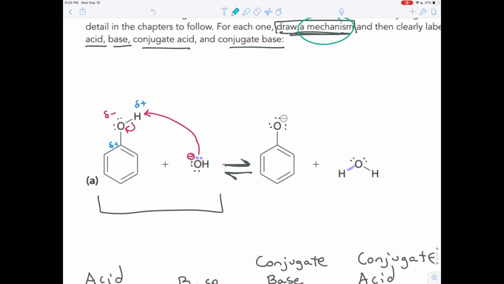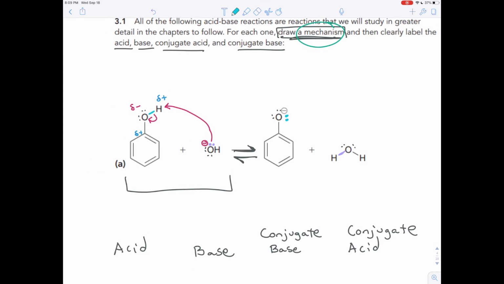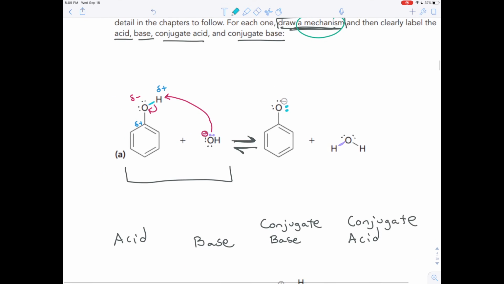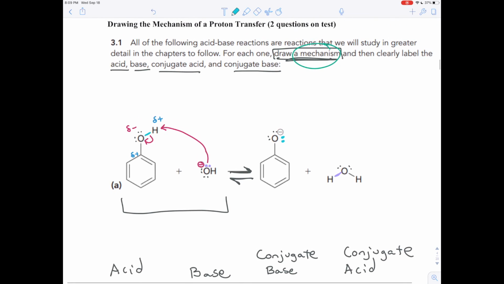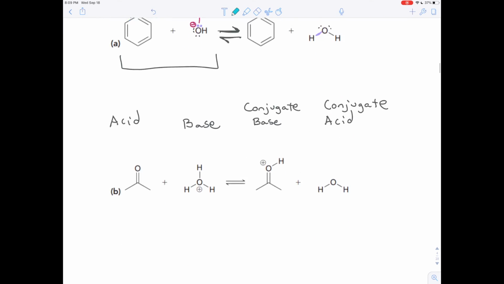And this bond between the oxygen and the hydrogen becomes a new lone pair on the oxygen on the other side. And so that's how you can show how that reaction is happening in order for a hydrogen or a proton to get transferred from the molecule on the left to the molecule on the right. A proton is moving over. It's a proton transfer.